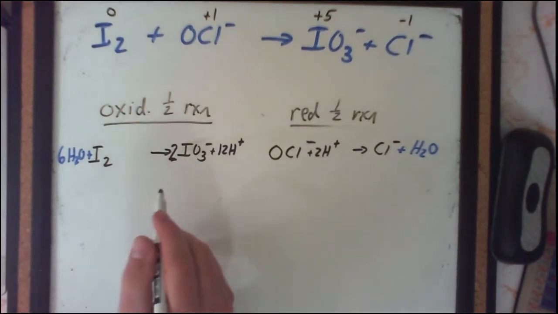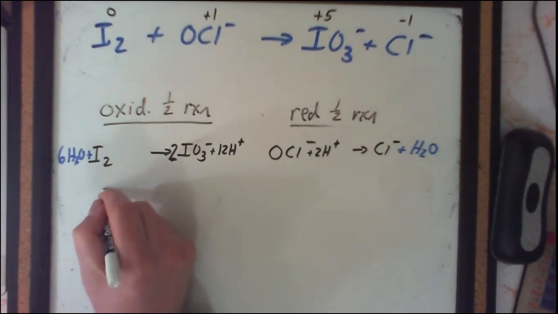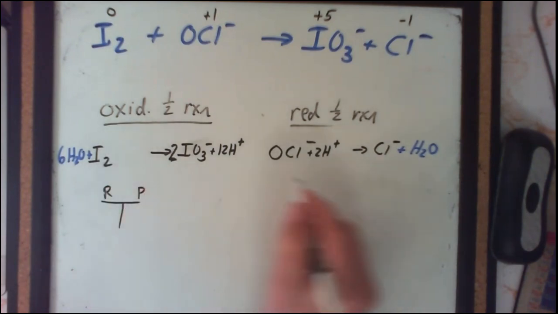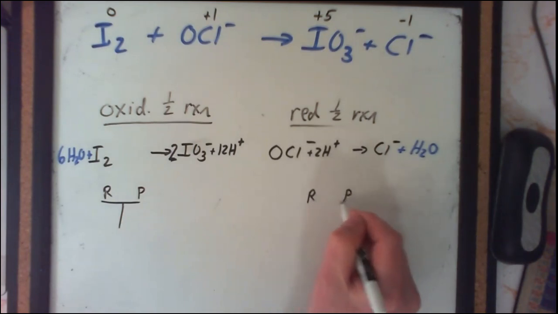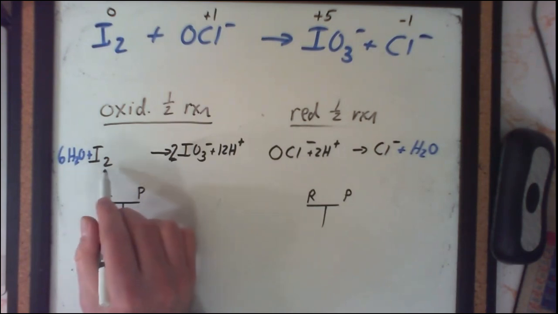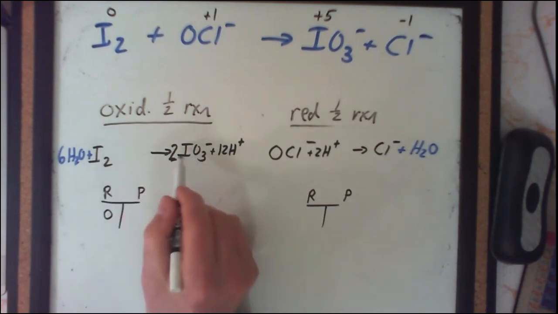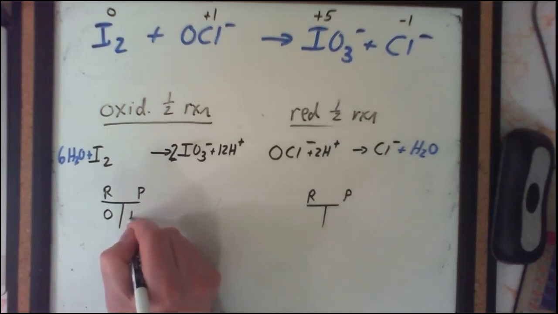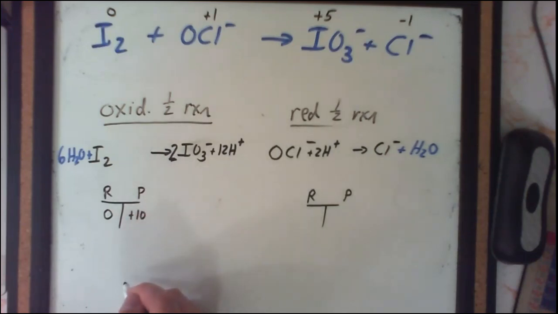I then want to charge balance them by adding electrons. So looking at our current charges for the oxidation half reaction and the reduction half reaction, we have 0 charge on the reactant side, 0 plus 0, and we have -2 plus 12, or a total of +10 on the product side.